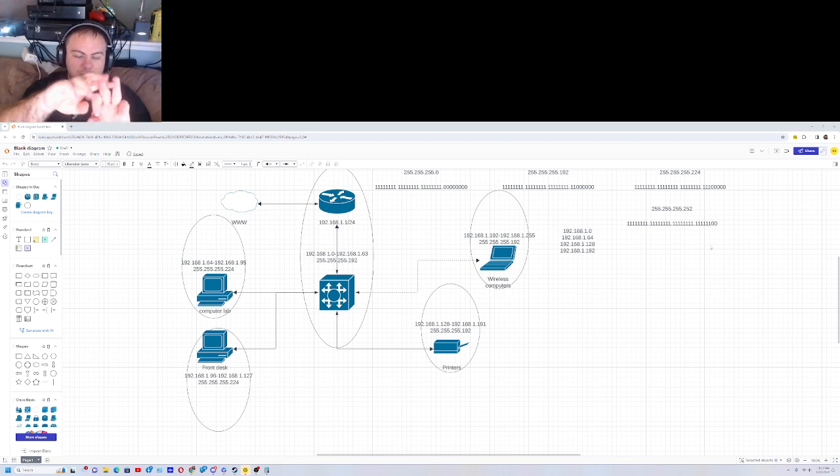Meanwhile, 192.168.1.1 and 1.2 are going to be our 2 routers that are communicating with each other back and forth. We can say this one is 192.168.1.1, and this is 192.168.1.2. And that's if this was on the public side.